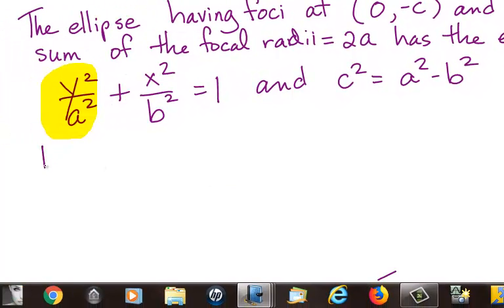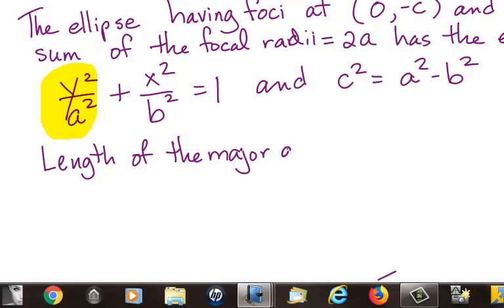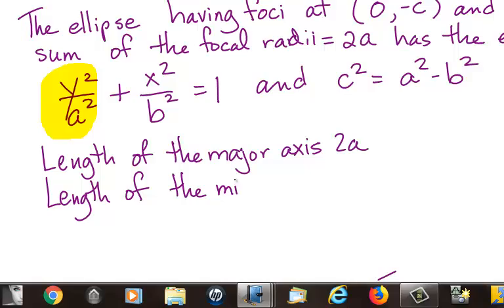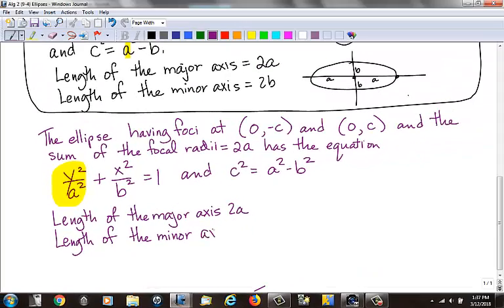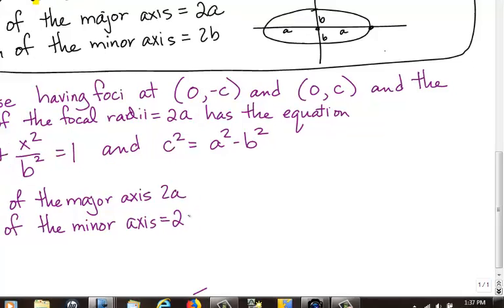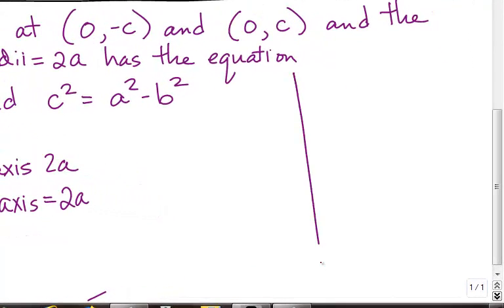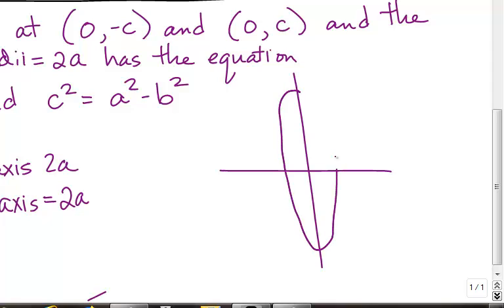And the length of the major axis is still 2a, and the length of the minor axis is 2b. This one, the major axis would be the y-axis like that.